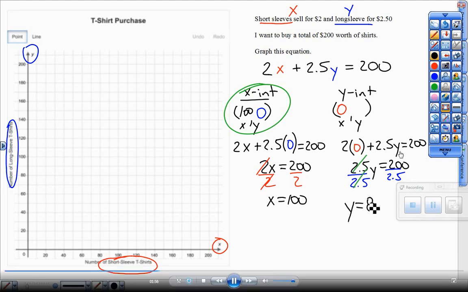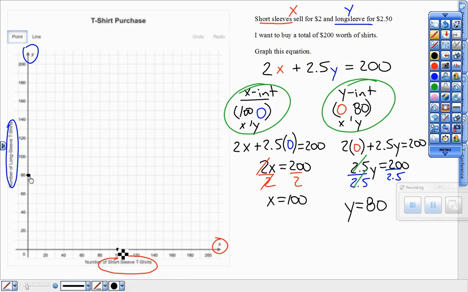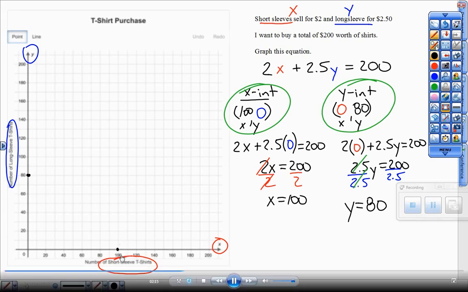And then that coordinate is 0, 80. All right, so plotting those: 100, 0 for the x-intercept, and 0 for x, 80 for y for the y-intercept. So there's 0, 80. There's 100, 0. Draw a line through those.